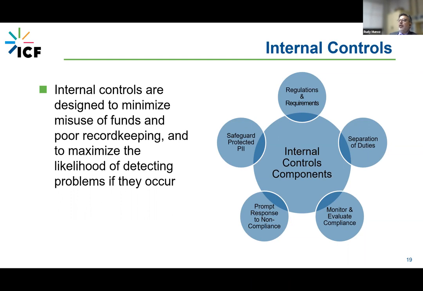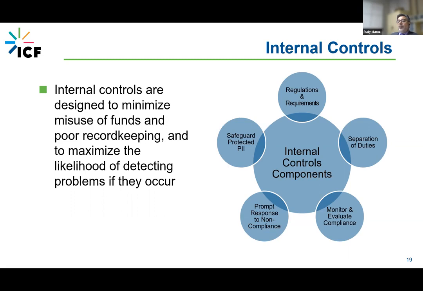We've said that a couple of times now in this training session. So keep reminding yourself that these written standards describe what is to be completed and how it is to be completed. At minimum, the internal controls, the written standards, should incorporate the regulations and requirements.